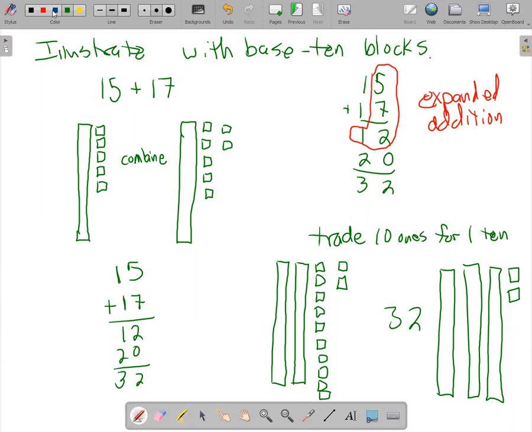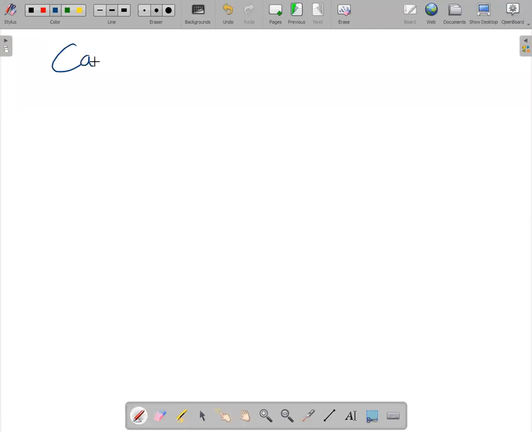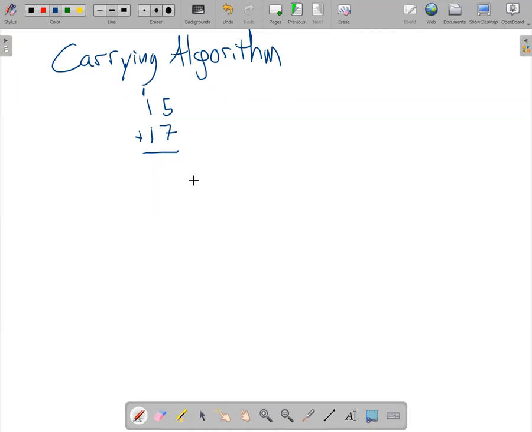Now, normally we would write that, well, I guess this is normal in the US, but it's not normal around the world. We have what's called the carrying algorithm. 15 plus 17, where we train kids to say 5 plus 7 is 12, but we carry the 1, the 10 of the 12, up, put the 2 1s down there, and then we have 1, 2, 3 10s for 3 10s.